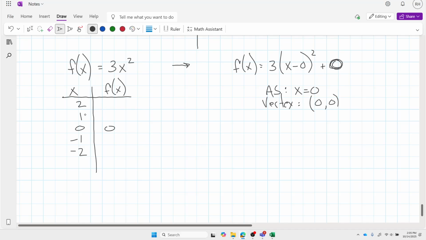Then substitute the 1 for the x, and 1 squared is 1 times 3 is 3. And 2 squared is 4 times 3 is 12. Just like the last table of values, since we're squaring the x, the outputs are going to be the same. So at -1, we've got a 3, and at -2, we've got a 12.